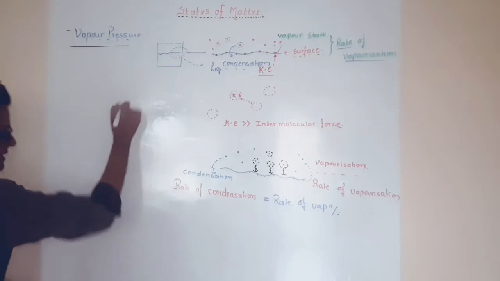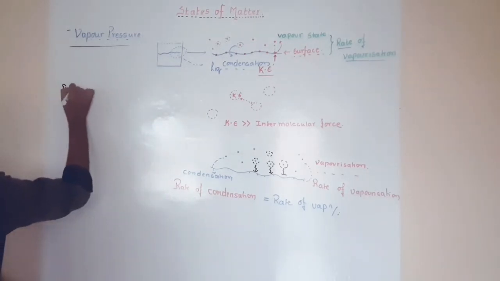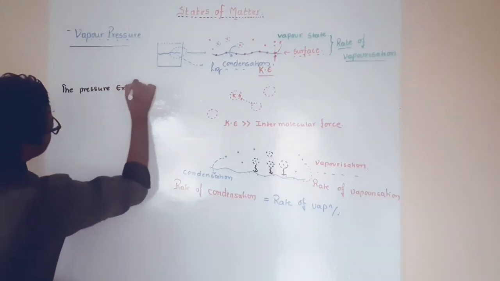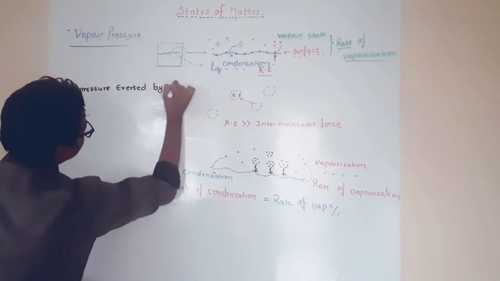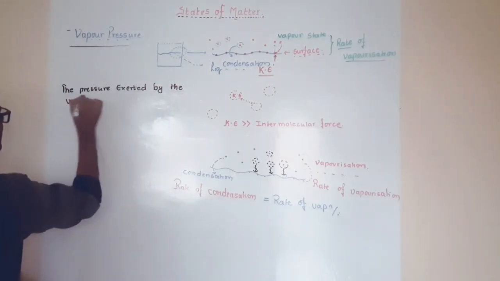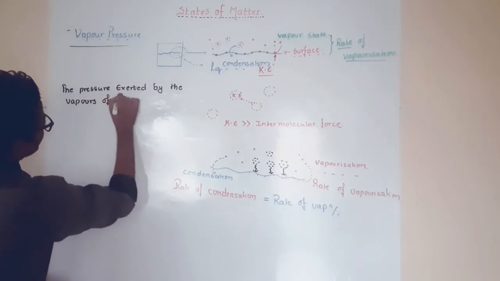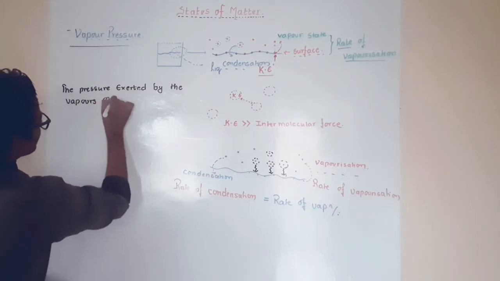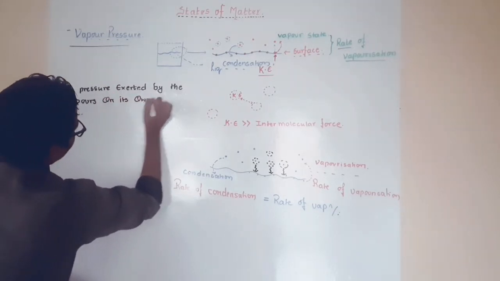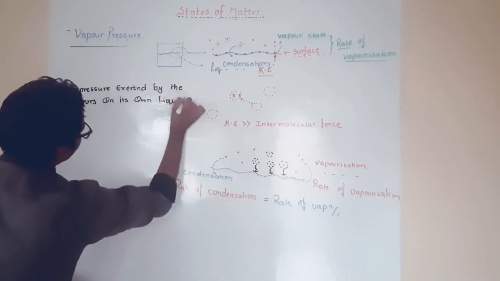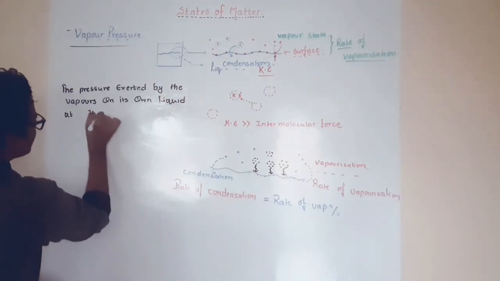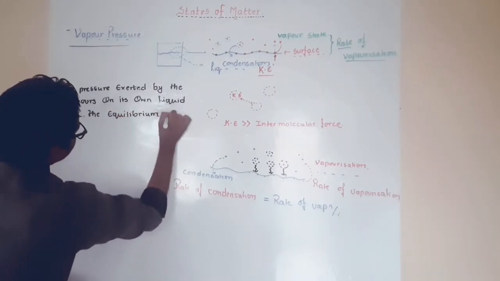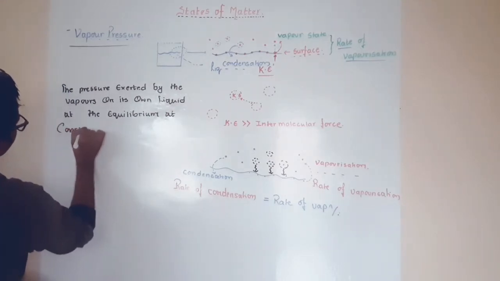So, vapor pressure is nothing more than the pressure exerted by the vapors on its own liquid at equilibrium, at constant temperature.